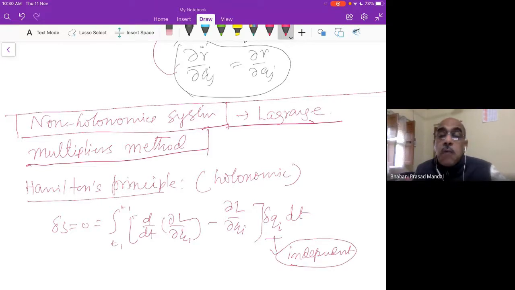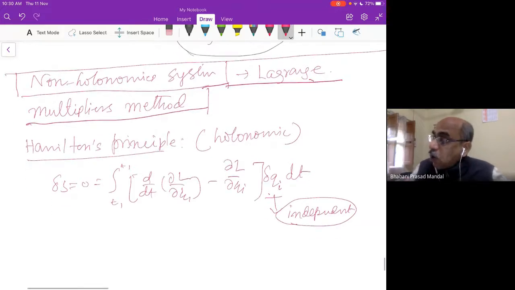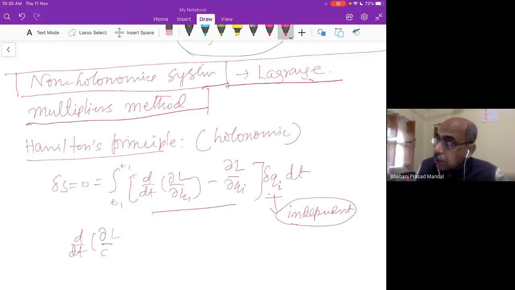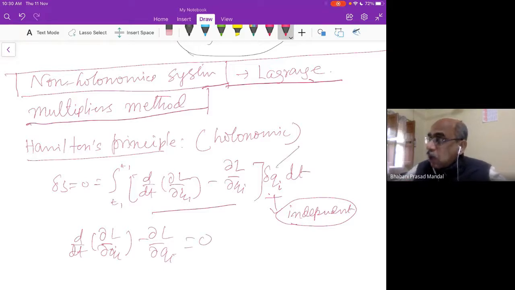In this you have a holonomic constraint, so I have eliminated it, I can well define my generalized coordinates, and all these q's are independent, and from there I can get the Euler-Lagrange equation d/dt of ∂L/∂q̇_i minus ∂L/∂q_i equal to 0. If these are not independent, then I cannot set their coefficients to 0 inside the integration. So that we cannot do.